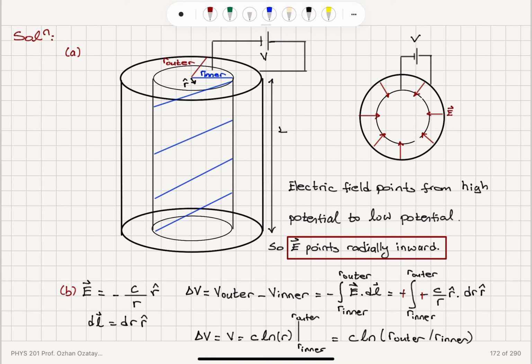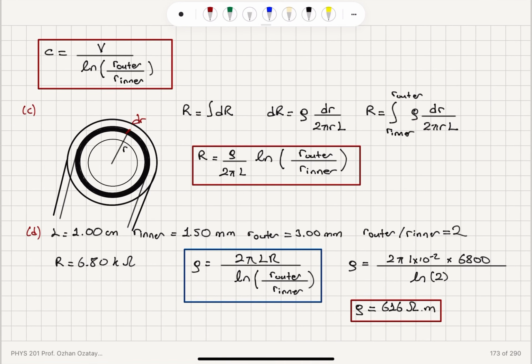If I take the dot product, r hat dot r hat is 1, so minus signs cancel. I find C natural logarithm r for the integral of dr over r, so I get this answer for the potential difference delta V, and C is then V divided by natural logarithm of the ratio of the outer radius to inner radius.